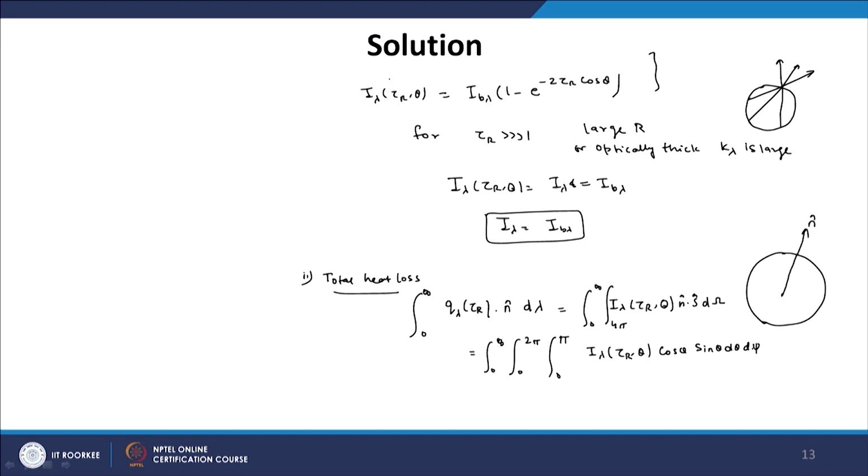Now, there is no dependence on psi, so we can solve for psi first, and this will become 2 pi, 0 to infinity, 0 to pi by 2. So, substituting the expression for I lambda, we put I_b lambda times 1 minus e^(minus 2 tau r cos theta) sin theta d theta and d lambda.